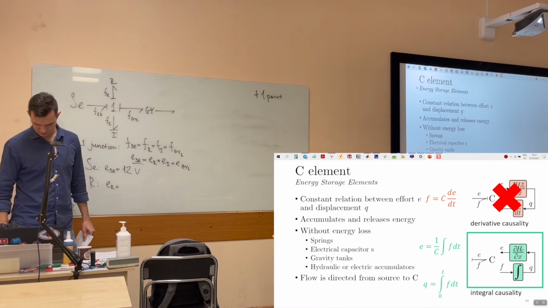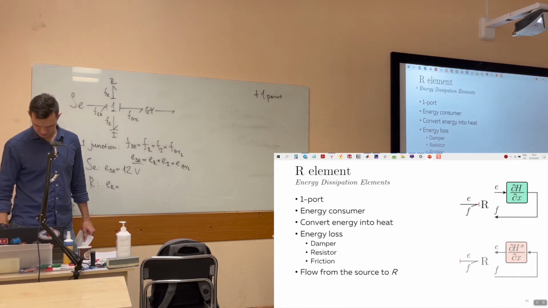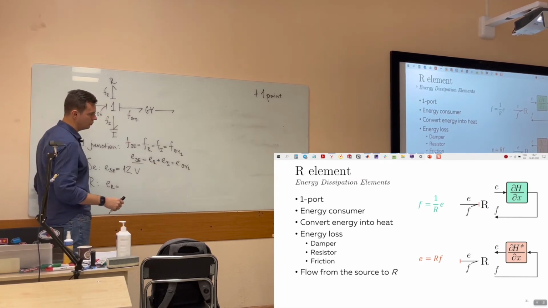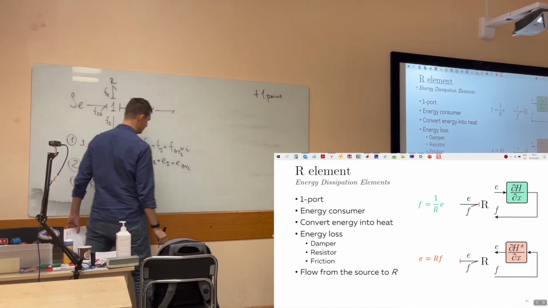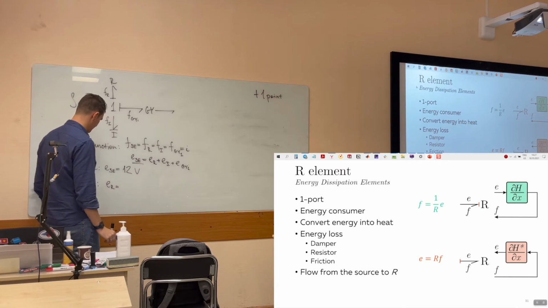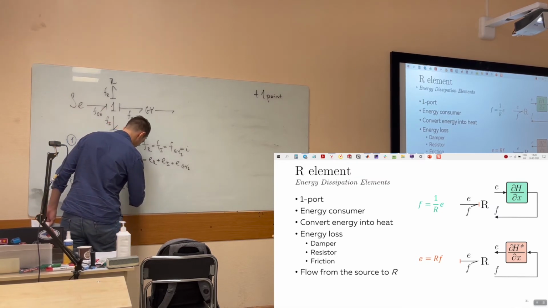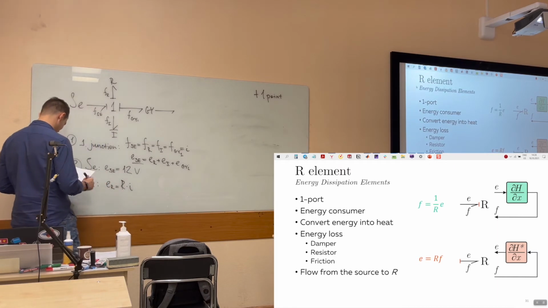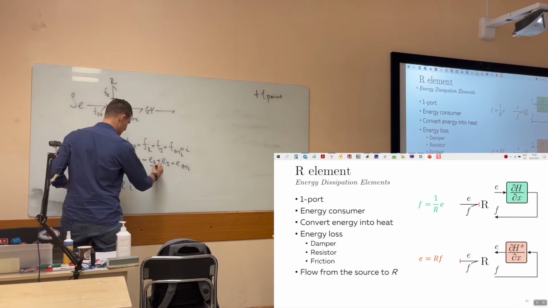So it's C element, R, I element. Here we do know the flow. Flow is the current. What will be the effort here? Yeah, resistance times current, and it's Ohm's law, right?